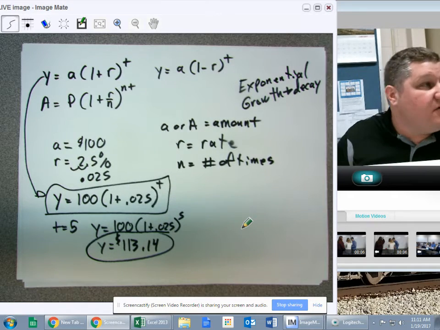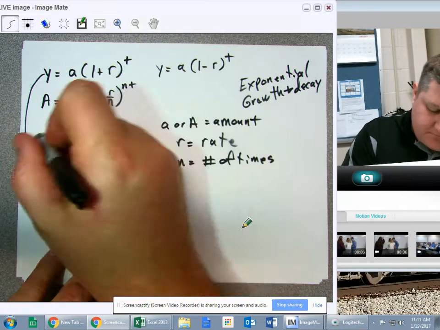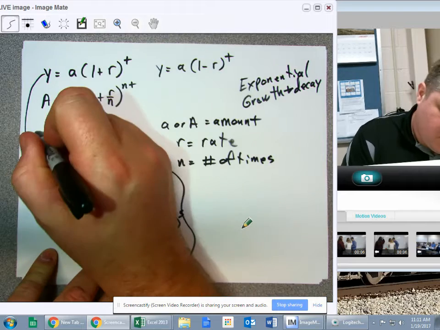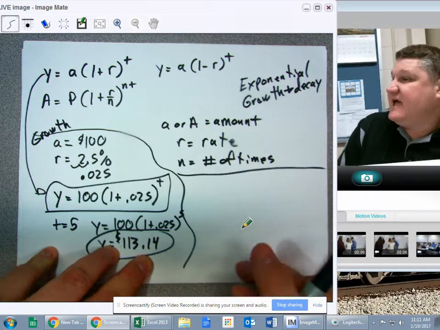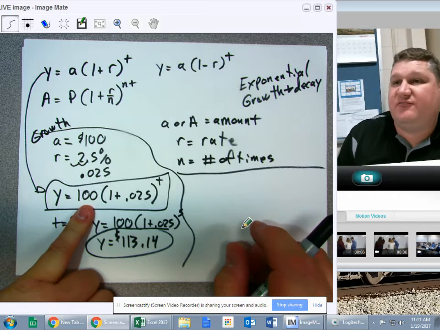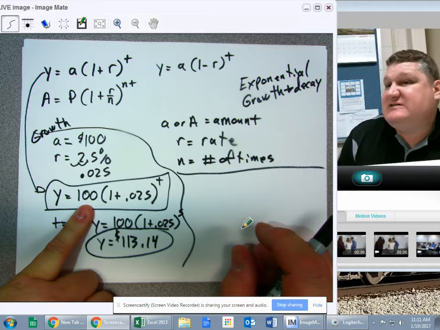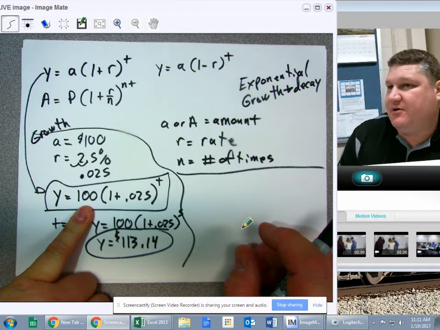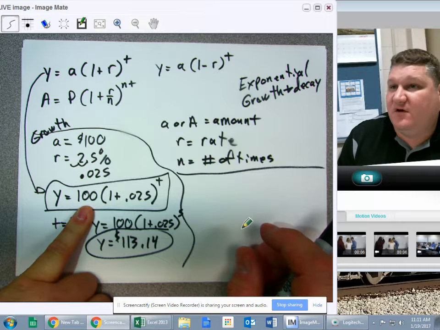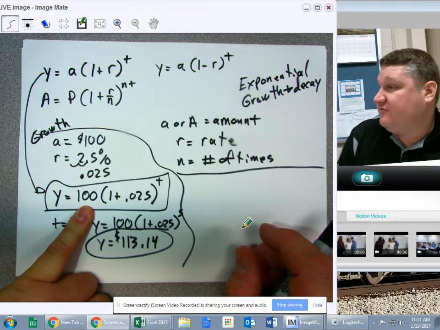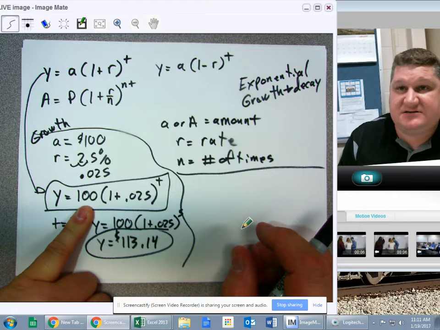Now, let's go the other way. That would be growth because it got bigger. Let's do one that says decay. Let's say you got a $100 gift card that you won, but every day you don't pick it up, they take a 5% discount. So it becomes worth less for every day you don't pick it up. Does that make sense?